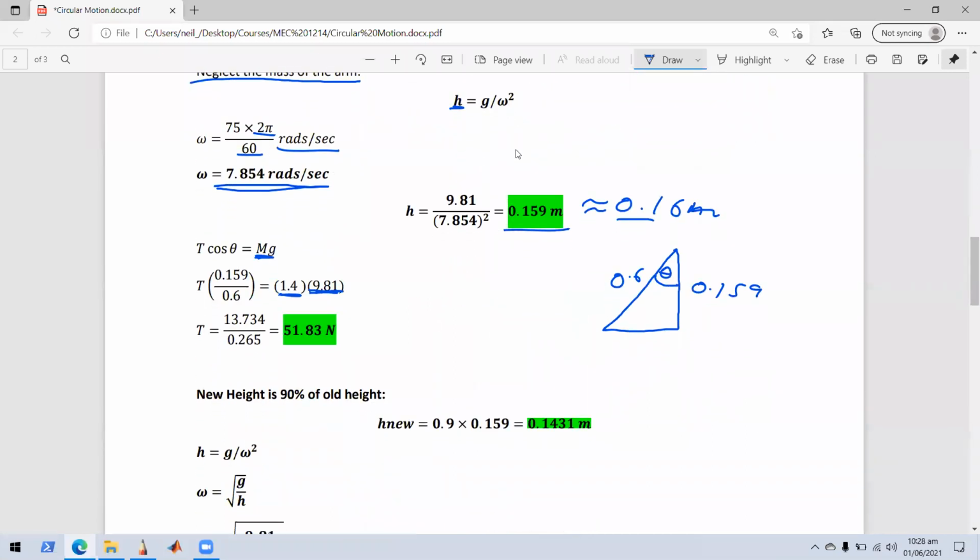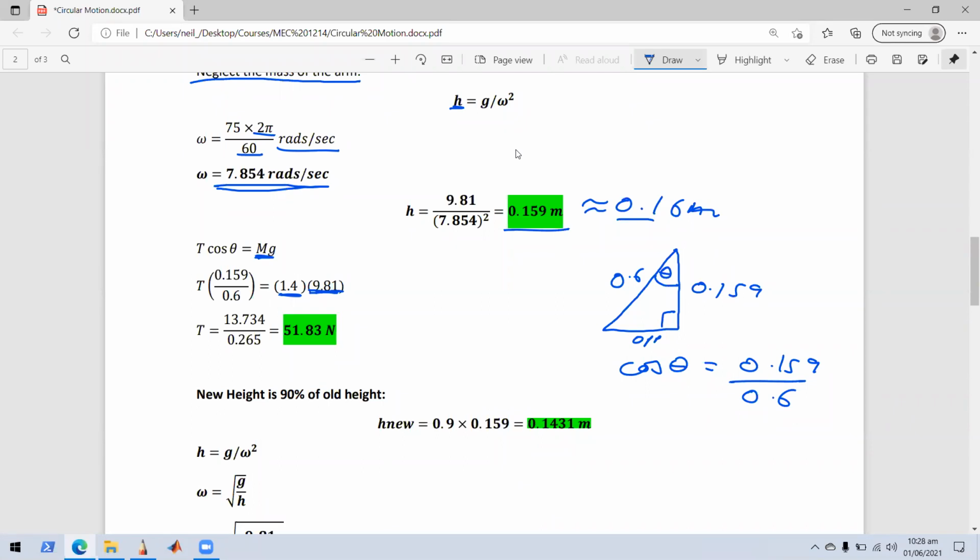Now for cosine theta, remember here is the opposite, so this here is going to be the adjacent, right? So cosine theta is equal to 0.159 divided by 0.6. So we can substitute this in for cosine theta.